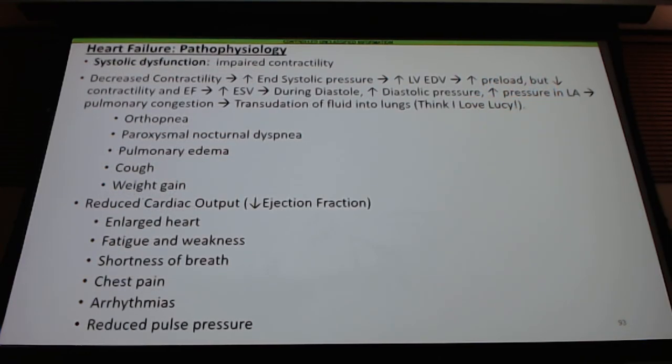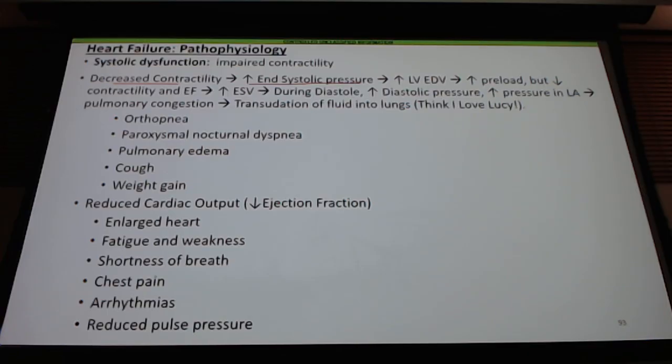What ultimately happens with this is because you have that decreased contractility, you're having more volume, more pressure in the ventricle at the end of systole than what you should. Then you add the volume of blood coming from the atria to that already higher volume, higher pressure, which further increases that.